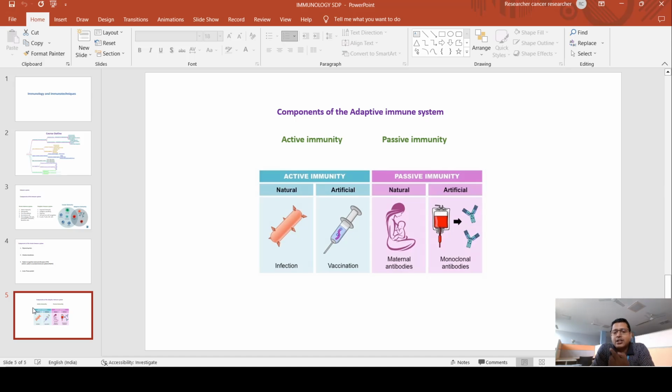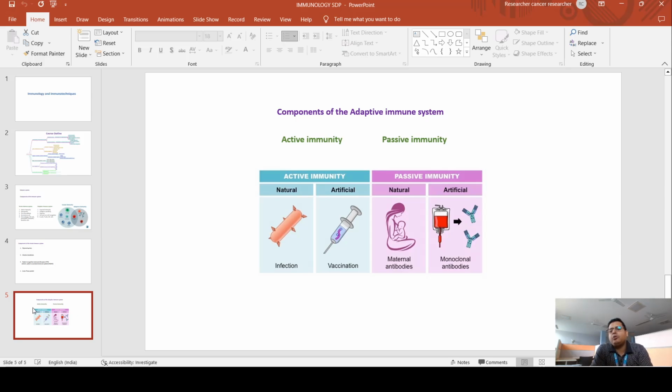So when the next time the coronavirus or any particular pathogen enters the body, the antibodies are already present in our cells, so they can fight against this particular pathogen and virus. So that is the artificial. That means the body does not know about the particular pathogen. You have to give the information to the immune cells through vaccination.